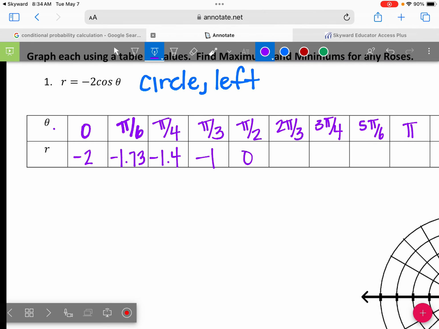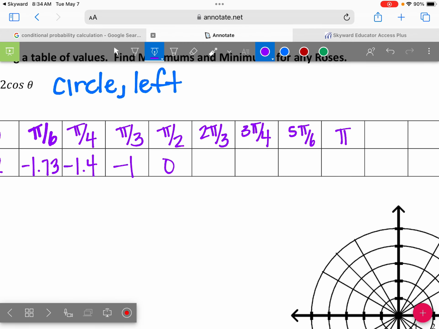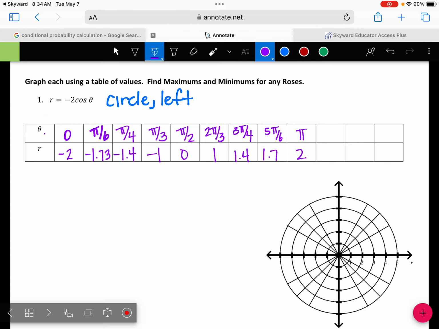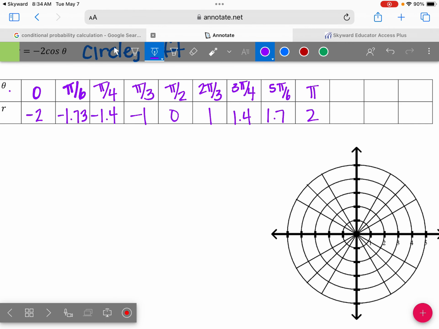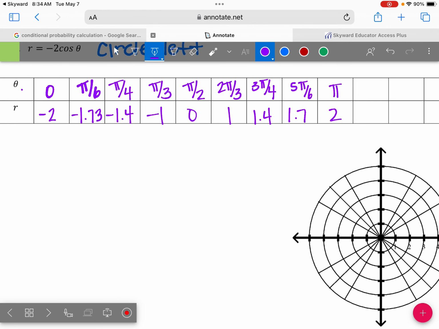And then start to graph it based off what we learned yesterday. Keep in mind that it is not going to be perfect. It may not be pretty. That's okay. Do the very best you can. And a lot of these points might overlap.